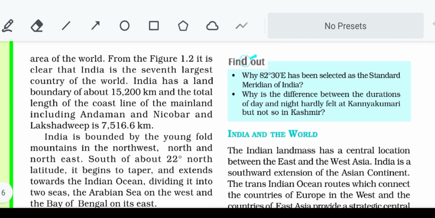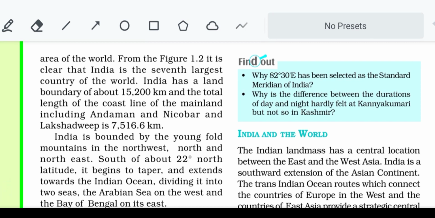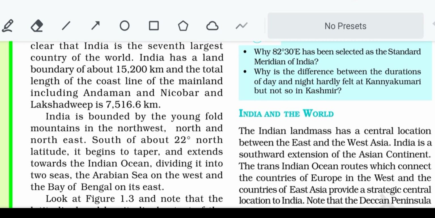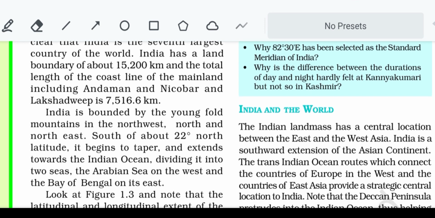So the land boundary of India with other countries is 15,200 kilometers, and the coastline of the mainland including Andaman and Nicobar and Lakshadweep is almost 7,516.6 kilometers.